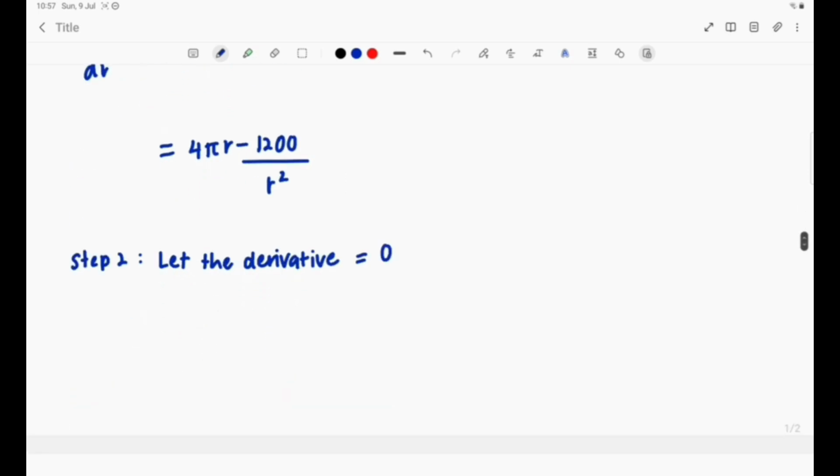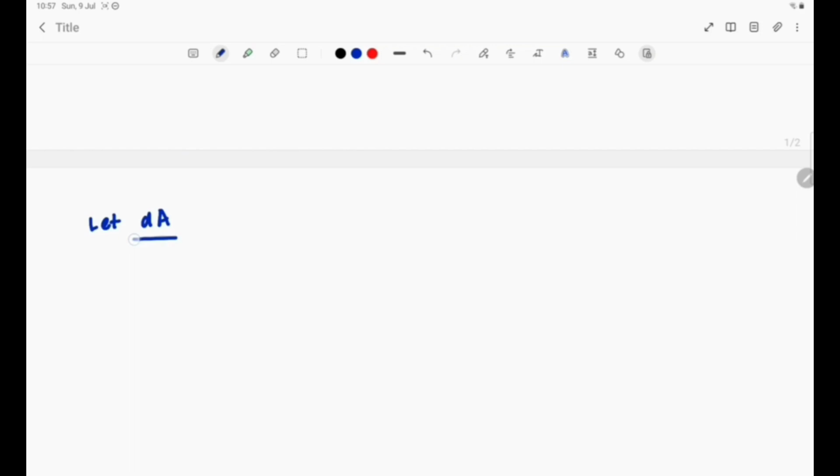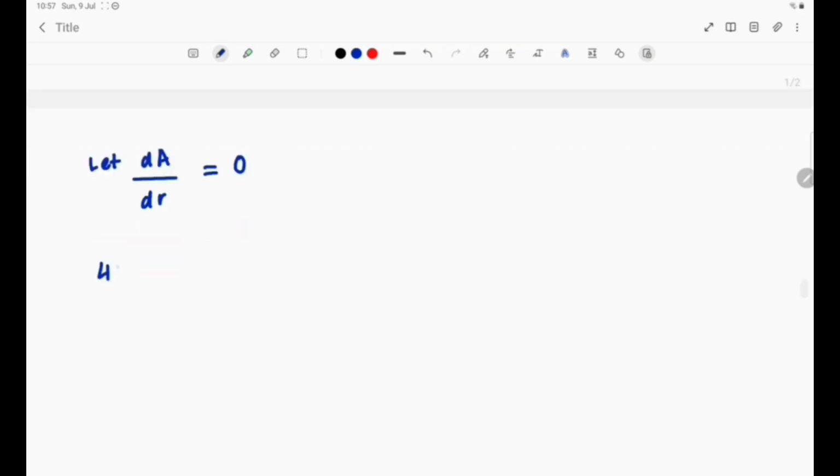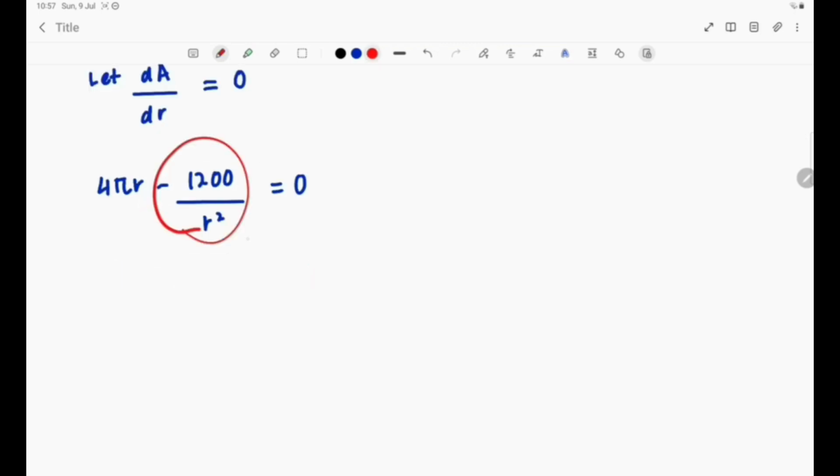Second step is let the derivative equal 0. Let dA over dr equal 0. So 4 pi r minus 1200 over r squared equals 0. We bring it to the right side. 4 pi r equals 1200 over r squared.